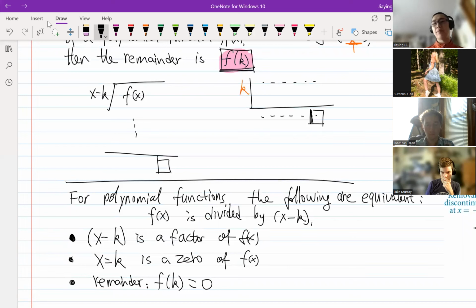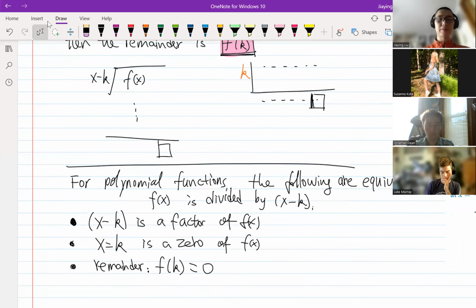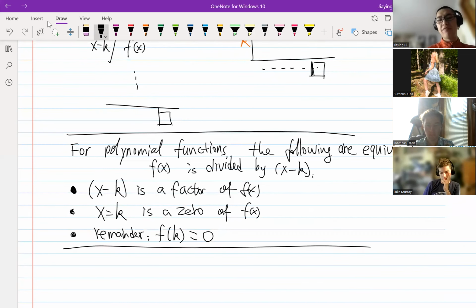And x minus k must be a factor. So those three are equivalent. If one is true, the others are true. That's how important it is to know that the remainder can be found by f of k.